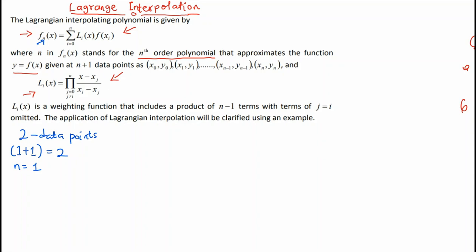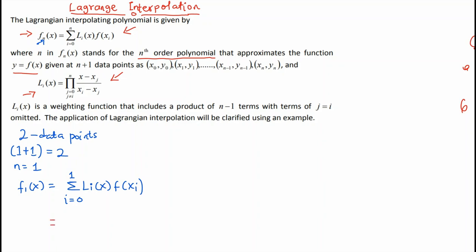Using a first order polynomial and relating it to the Lagrangian interpolation polynomial, we have f1 of x equal to the sum of Li of x multiplying f of xi, from i equals 0 to 1, because our n is 1.